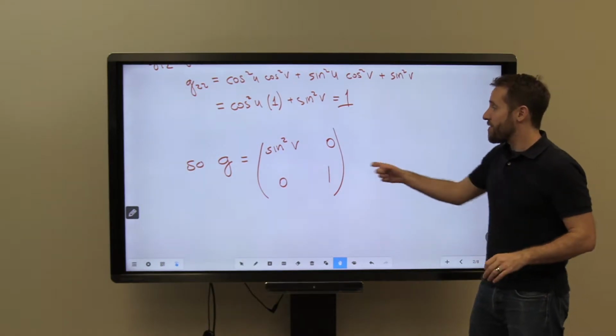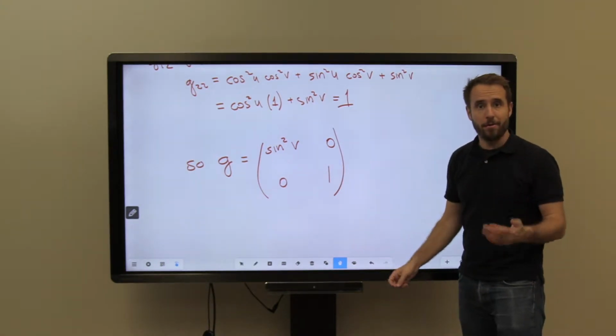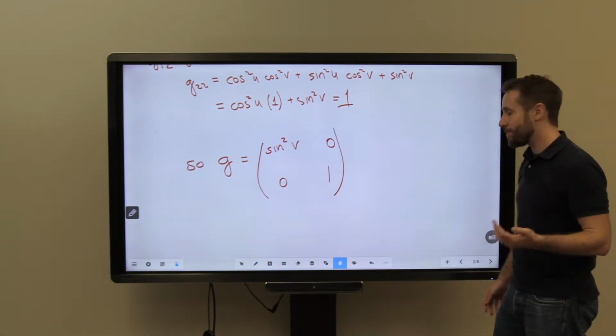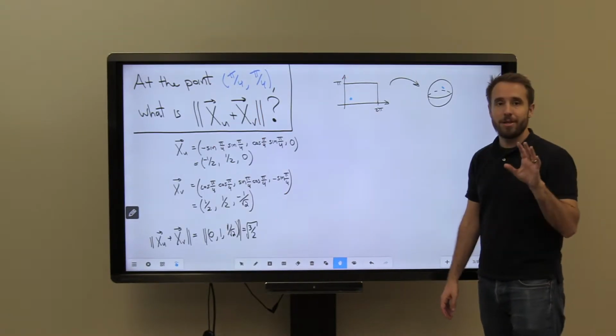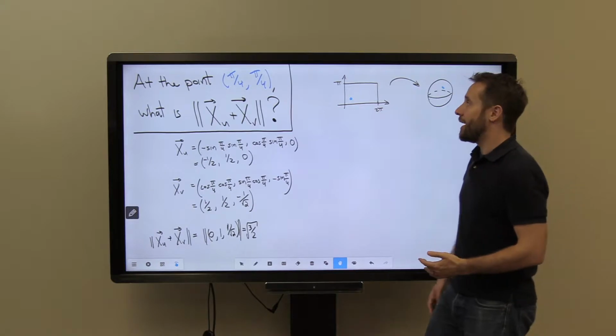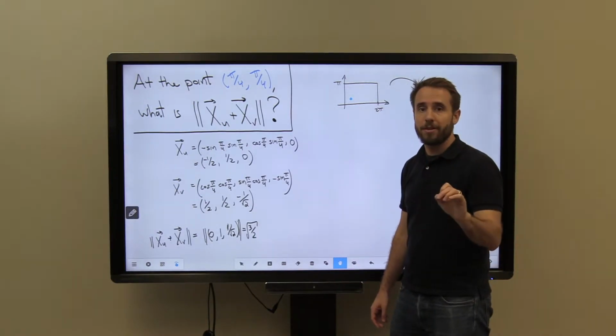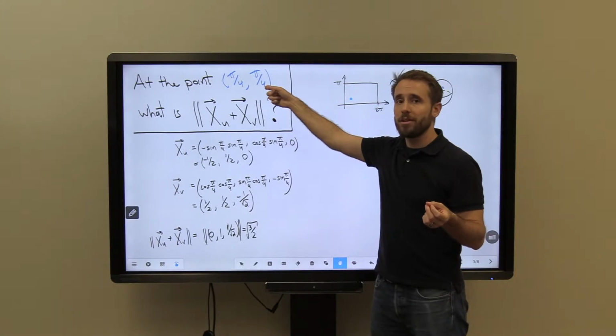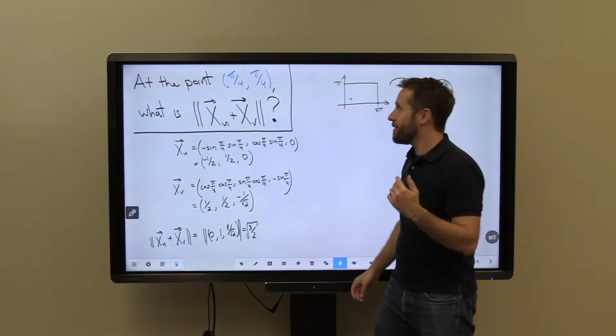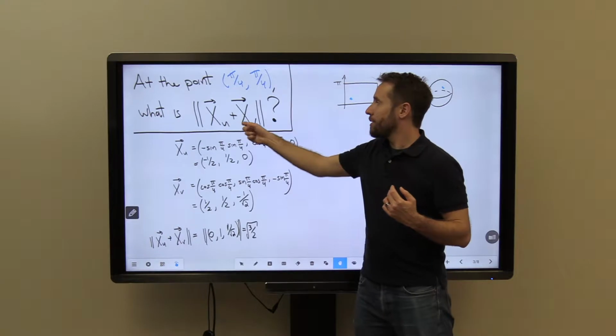Okay, great. So with that as our first fundamental form, how can we use it to compute something interesting? Well, this is the question that we're going to be interested in answering. At the point on the sphere that corresponds to the point in the domain, pi over 4 comma pi over 4, what is the length of the vector x sub u plus x sub v?